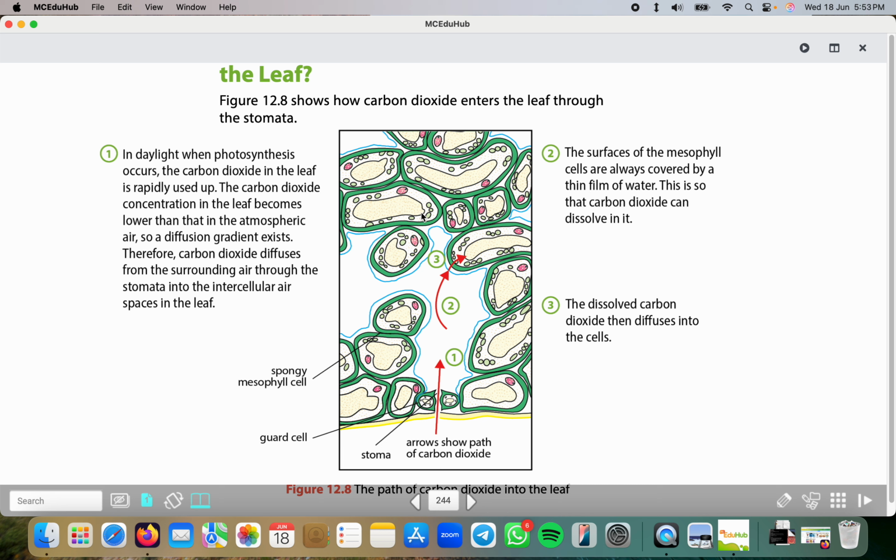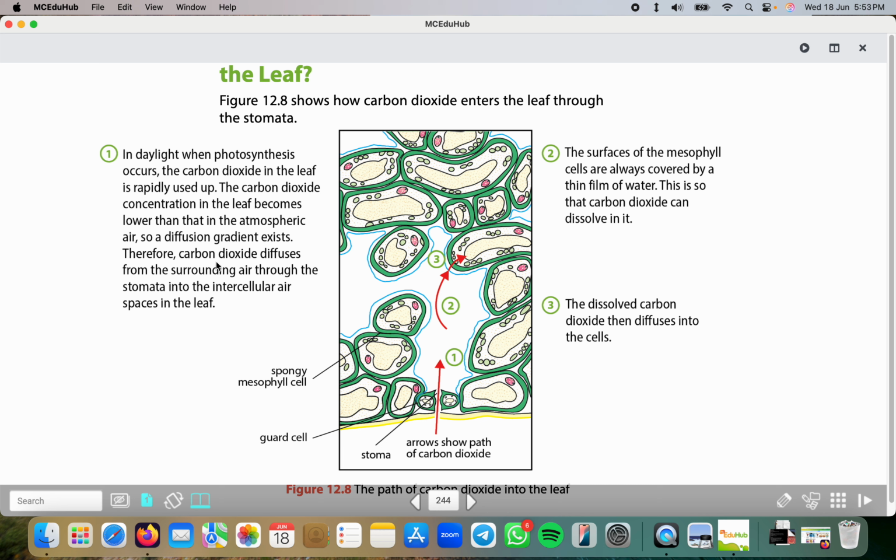So inside all of these cells, they're doing photosynthesis, so they're using up our carbon dioxide. The carbon dioxide concentration in the leaf becomes lower than that in the atmospheric air, so a diffusion gradient exists. There's a lot more carbon dioxide outside, there's less carbon dioxide in the cells over here.